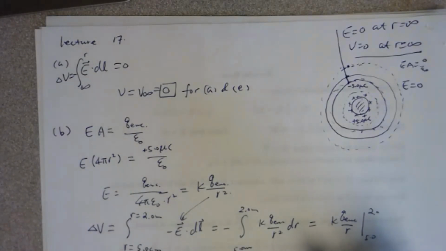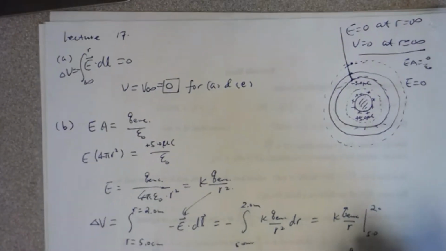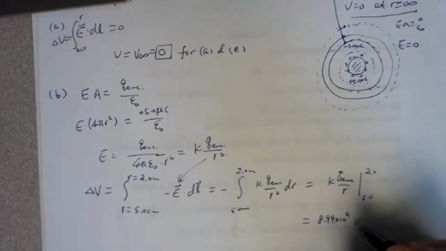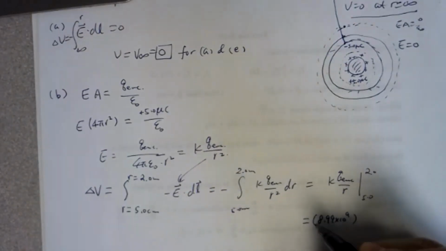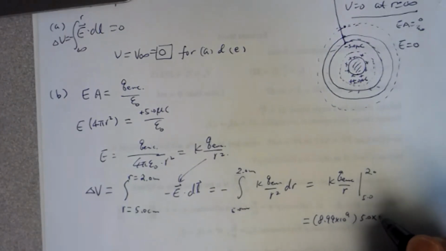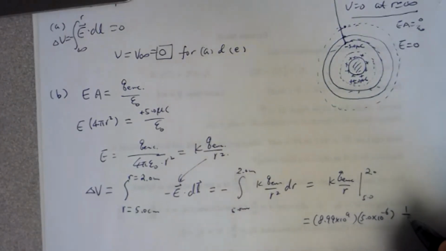So we can plug in the numbers: 8.99 times 10 to the 9, times Q enclosed, which is 5.0 times 10 to the minus 6. That's in coulombs, right? And then times 1 over R equal to 2, which is 2.0 times 10 to the minus 2, because that's 2 centimeters, minus 1 over 5.0 times 10 to the minus 2.